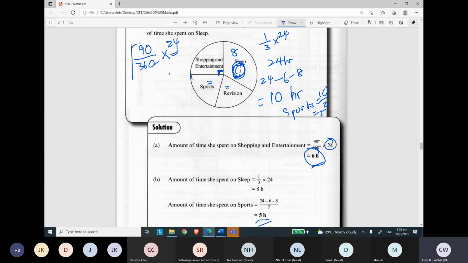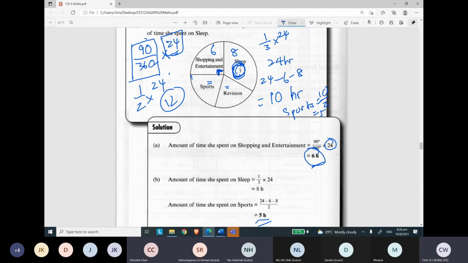Because by calculating, it doesn't give you the number of hours. If I times 24, it will convert it to 24 hours. It is just like half times 24 gives you 12, that means half a day. If it's 90 divided by 360, it will give you 6. So this 90 degree is actually 6 hours.